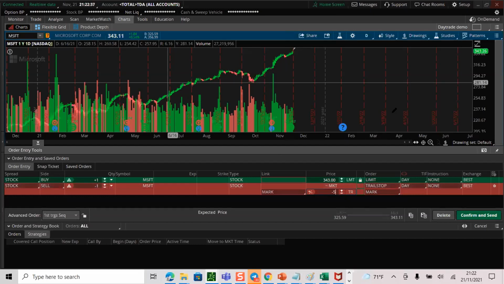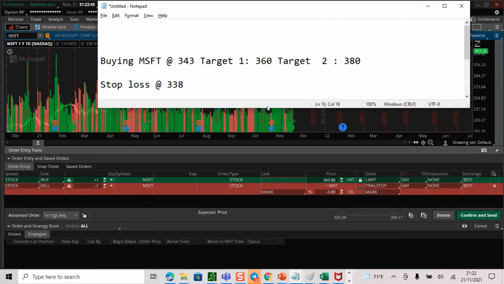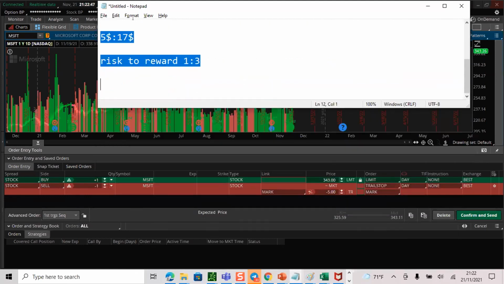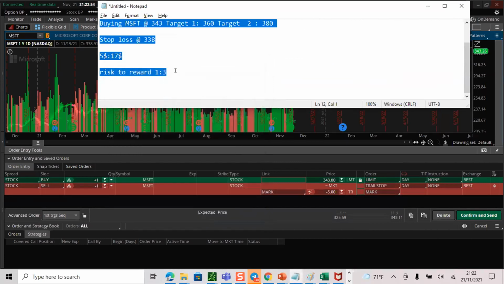Okay, so let me bring my notepad here. Okay, yeah, this is much better. So I am trying to buy the Microsoft stock at 343 with a limit order, and my stop trailing loss I'm just setting as -5, right?